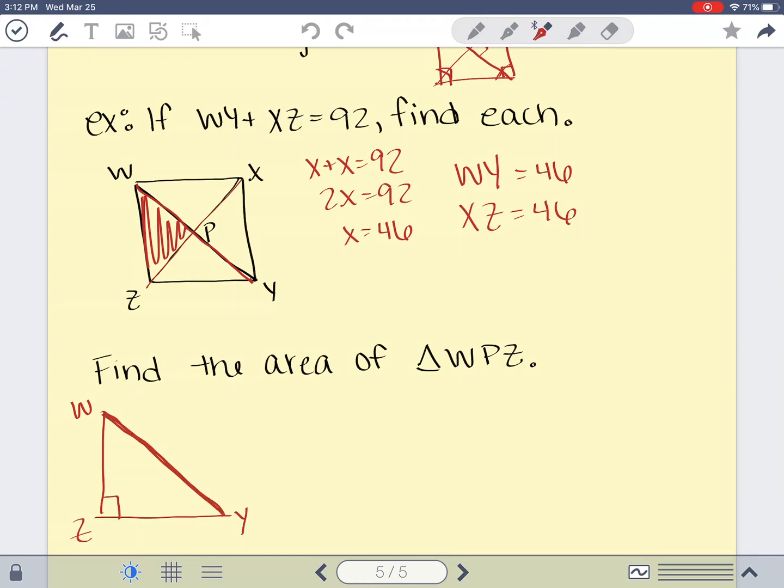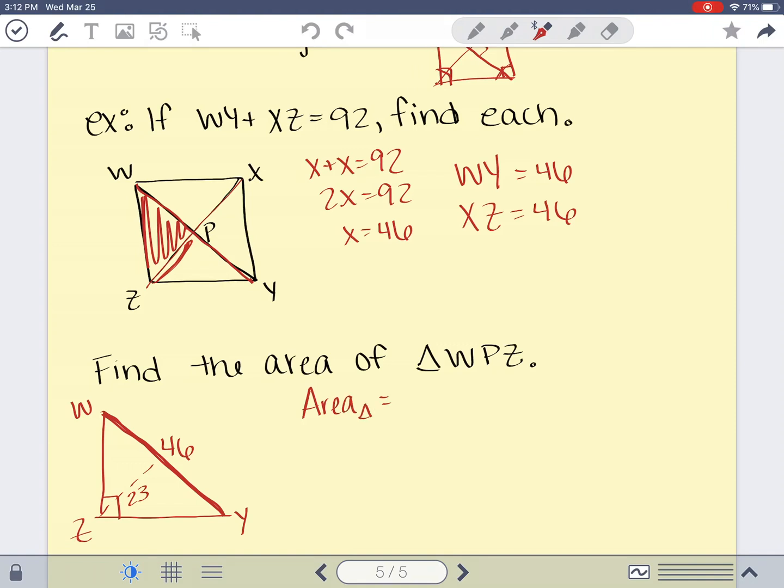And we know that this hypotenuse right here, it is a hypotenuse because we know this is a right triangle, is 46. And we can actually find this piece right here, PZ, which would be the height of the triangle, because that's half of that diagonal. So PZ is going to be 23, because it's half of it.